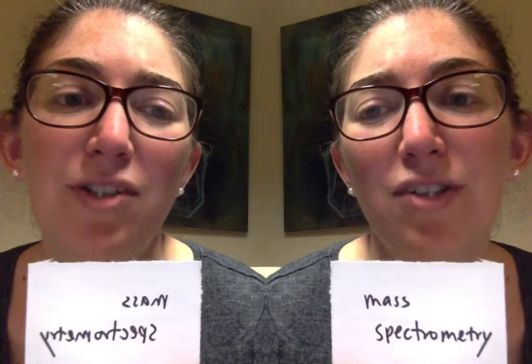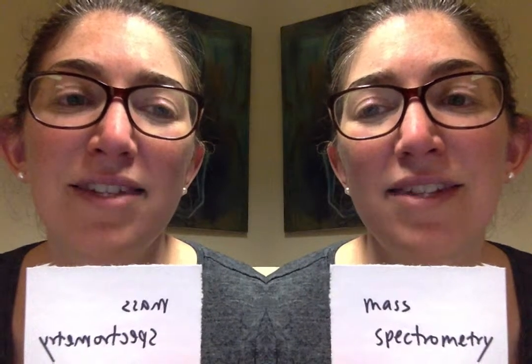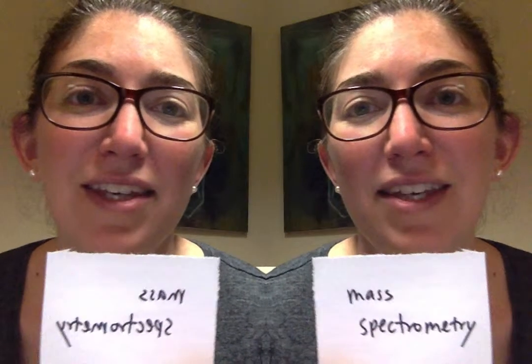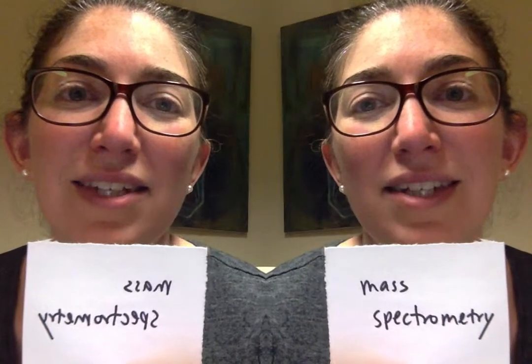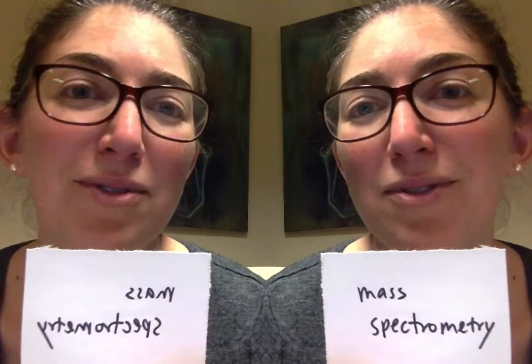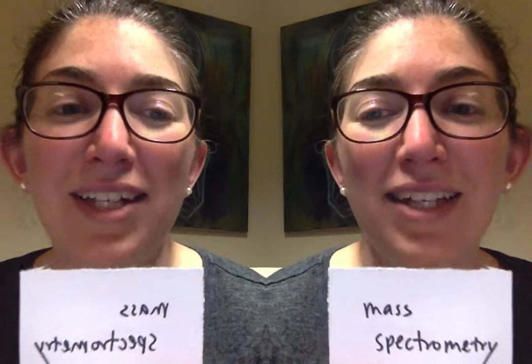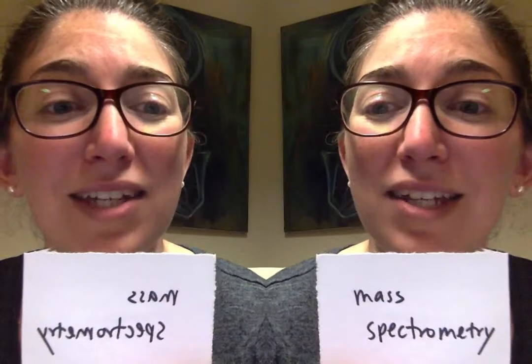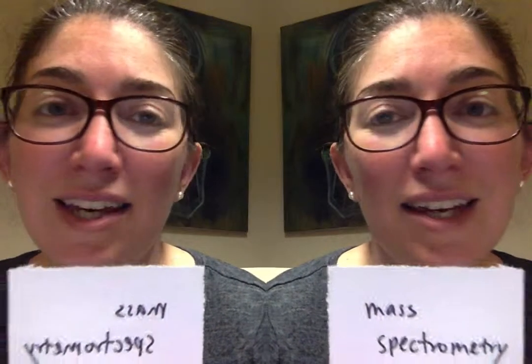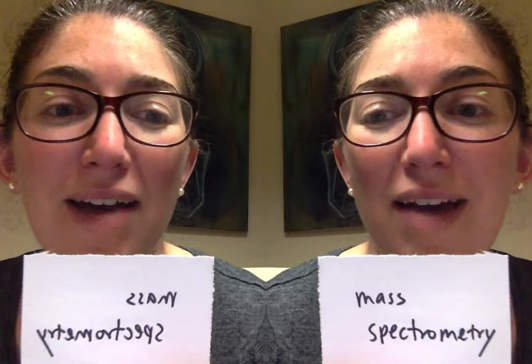And then the last technique is called mass spectrometry, and this is a big fancy chemistry machine that breaks up proteins into little pieces, and then someone who's trained to read the output can figure out what that original protein was. So it's a way to identify proteins using a machine that chemically blasts them apart.